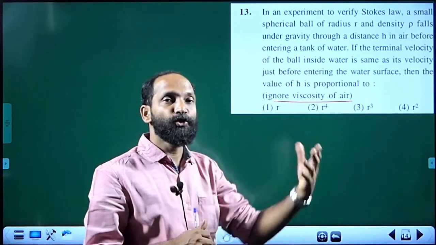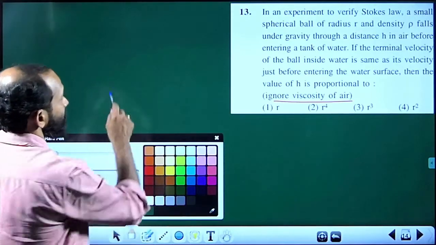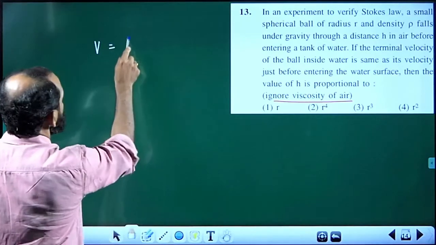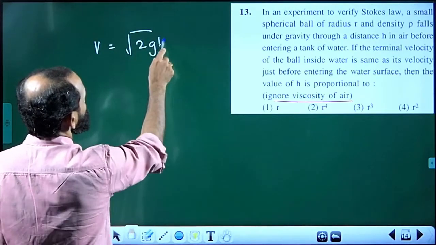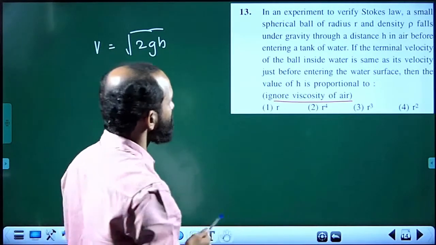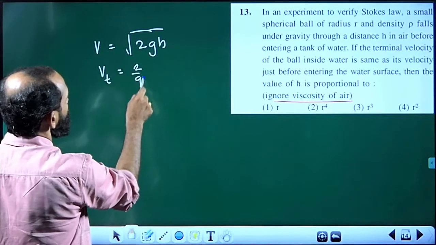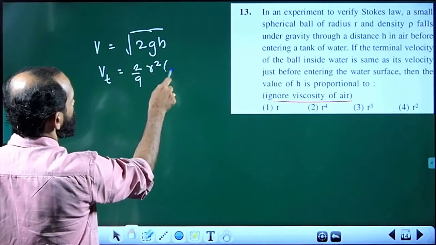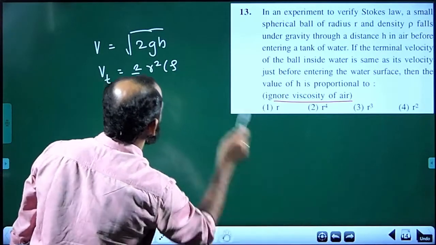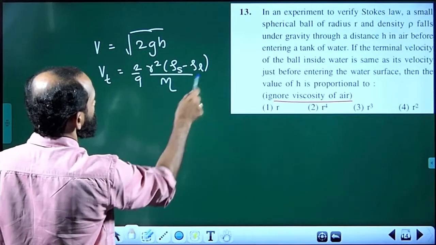That means it assumes a velocity which is equal to root 2gh when it hits the water. So, the velocity when it hits water is equal to square root of 2gh, and that itself is the terminal velocity. What is the formula for terminal velocity? Terminal velocity is equal to 2 by 9 r square (rho s minus rho L) divided by eta into g.